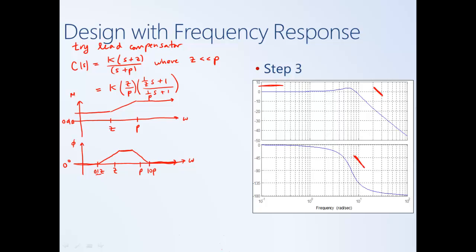So if we do this, at low frequencies, we'll have a positive magnitude. So we'll shift this up by adding the two together. And let's say we don't have the zero come in for a while, so it just adds a constant amount. And then let's say that we hit the zero somewhere in this area.